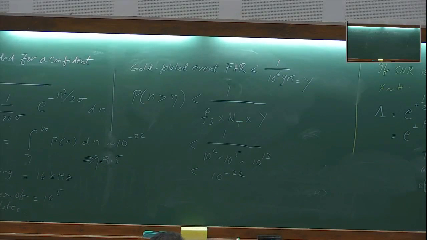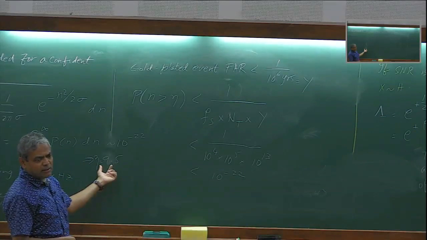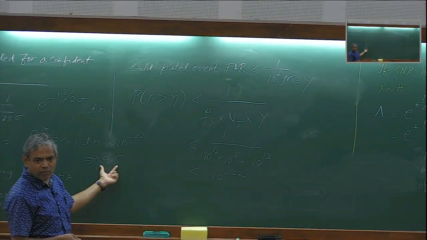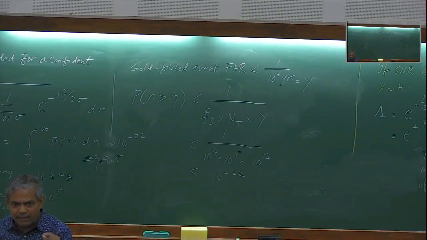So the threshold that we are using in our analysis now is a joint signal to noise ratio of something like 9.5 for the network SNR, not single detector SNR.